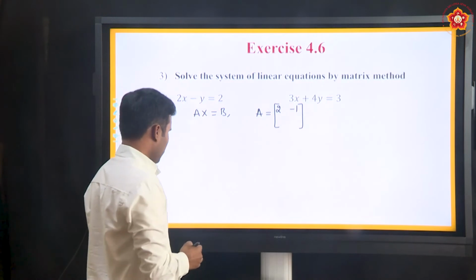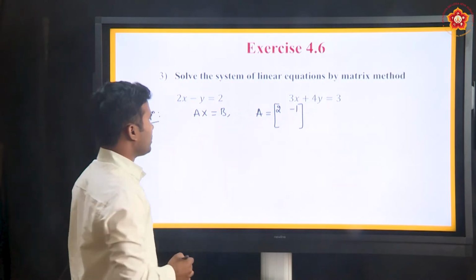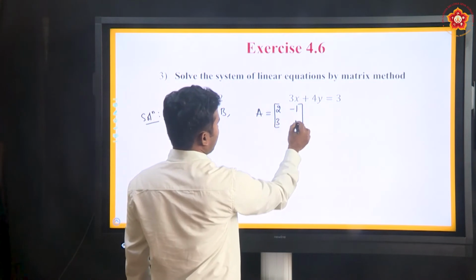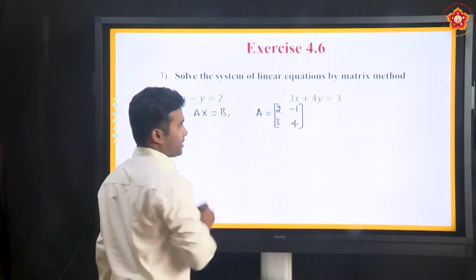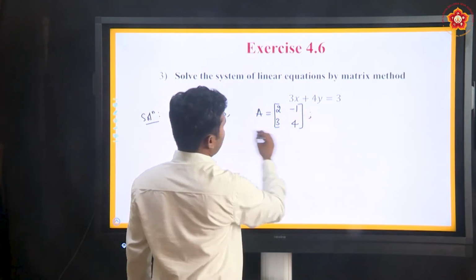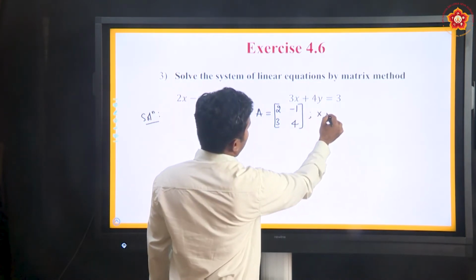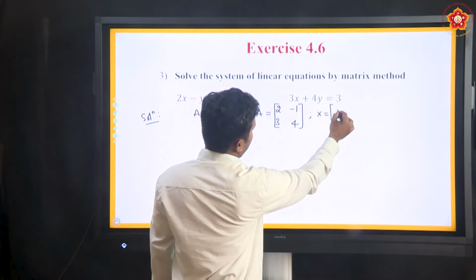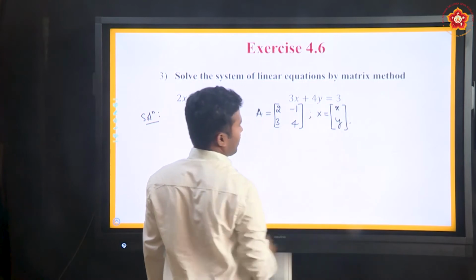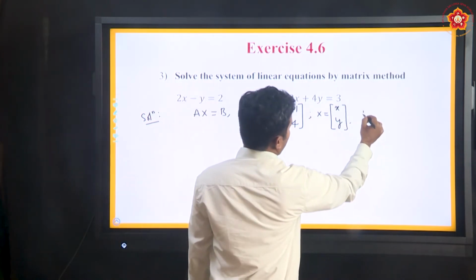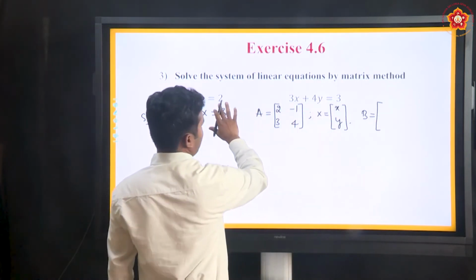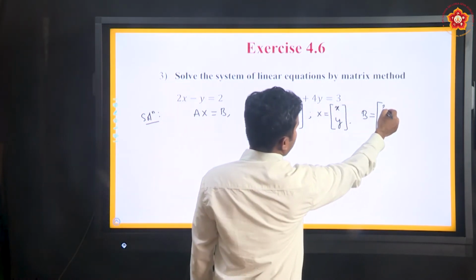Similarly, for the other equation the coefficients of x and y are 3 and 4, that gives the matrix A. Similarly, X is the matrix which contains the variables x and y. B is the constants 2 and 3.